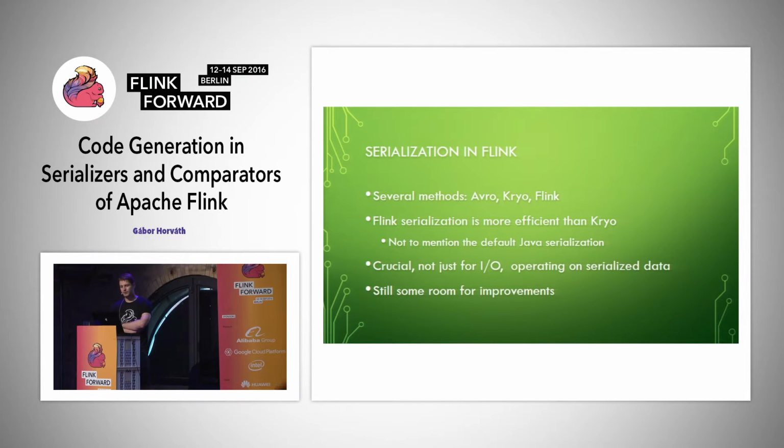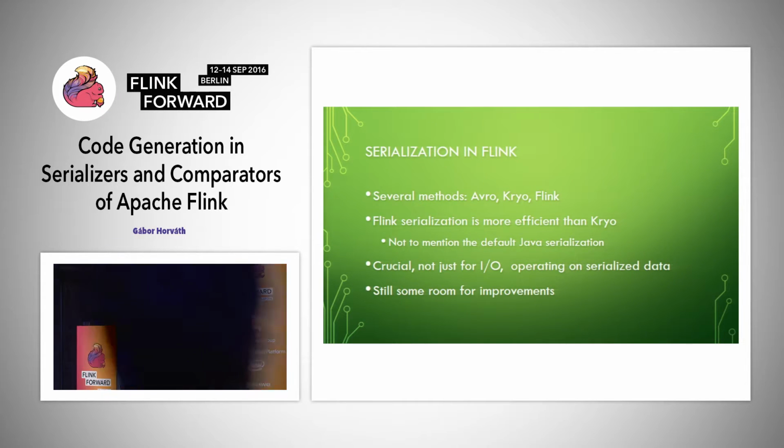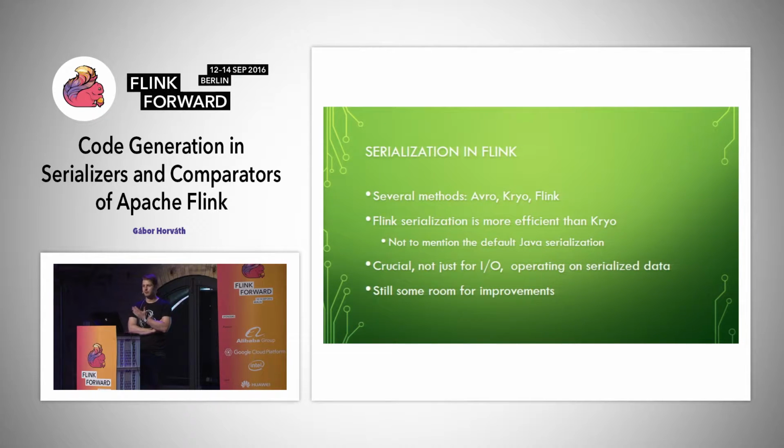Serialization in Flink is a very central concept, because it is not only used for input and output, but Flink also operates on serialized data. So changes to the serialization have a very fundamental effect on the whole system.